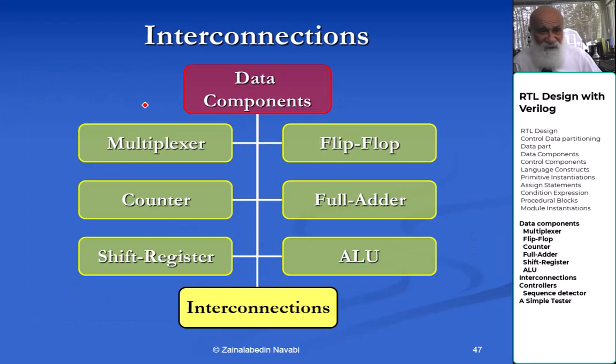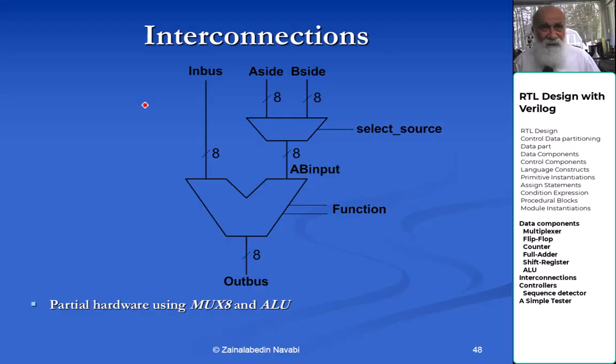We have covered several functions and several components, an ALU, a shifter, a multiplexer, and all that, all of which go inside a data path of an RT level design, but then these components have to be connected like this. What if I have the multiplexer and ALU to be connected?